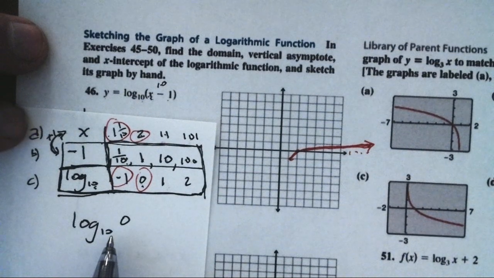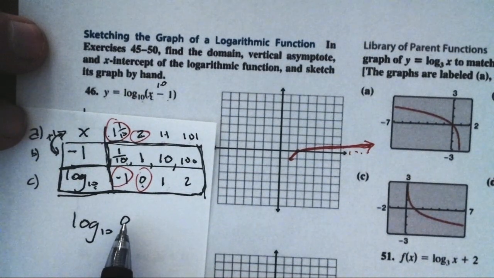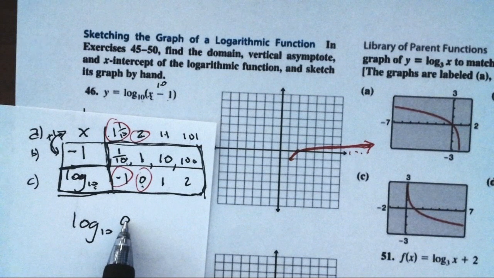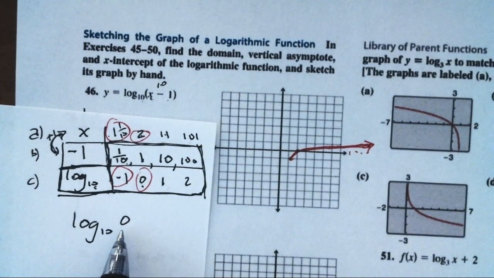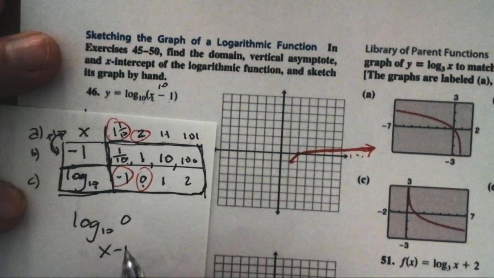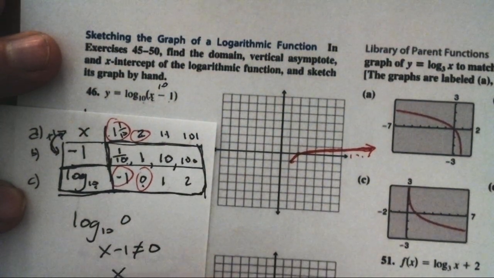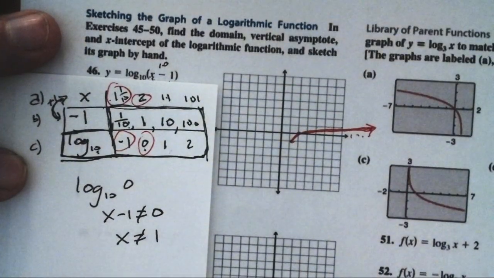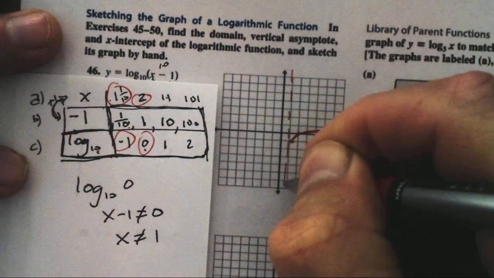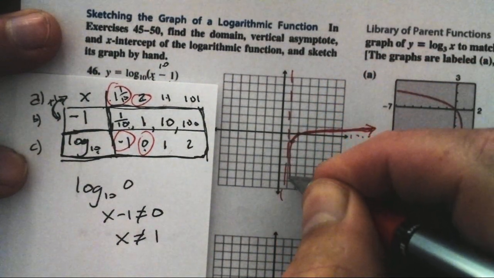Is there an exponent that will turn 10 into 0? 10 to the 0th is 1. 10 to a positive is a positive. 10 to the negative is 1 over 10 to the positive. 10 to the -3rd is 1 over 10 to the 3rd. No, I can't get 0 out of there. I can put really close to 0 in here, but x minus 1 may not equal 0, therefore x may not equal 1, and we have an asymptote right here. And this graph would chase down that asymptote.